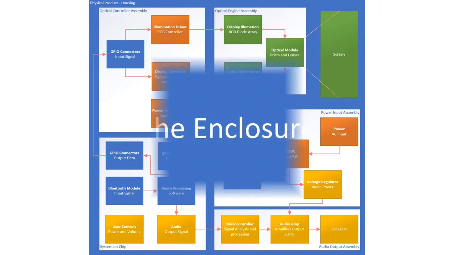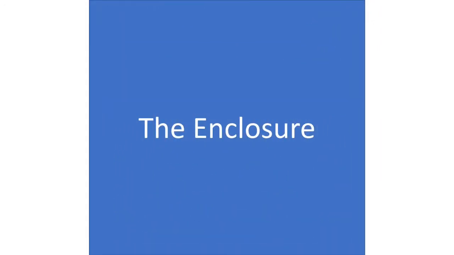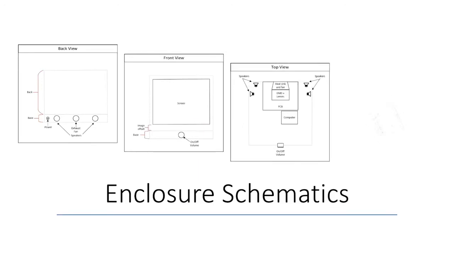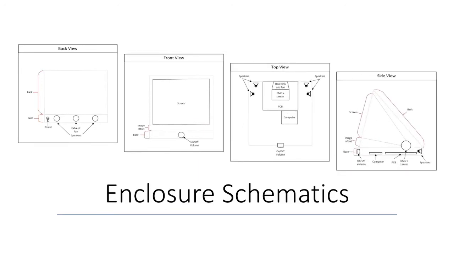For the enclosure, we have some schematics or some initial drawings, at least for us to have an idea of where everything should be located. After some moving around, we came up with this final design. The screen, as you can see, is also displayed over here.